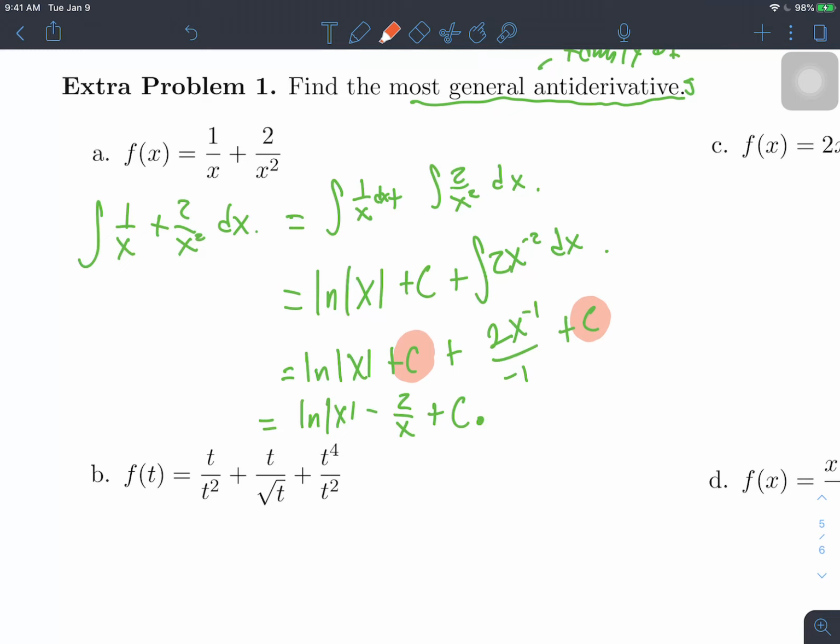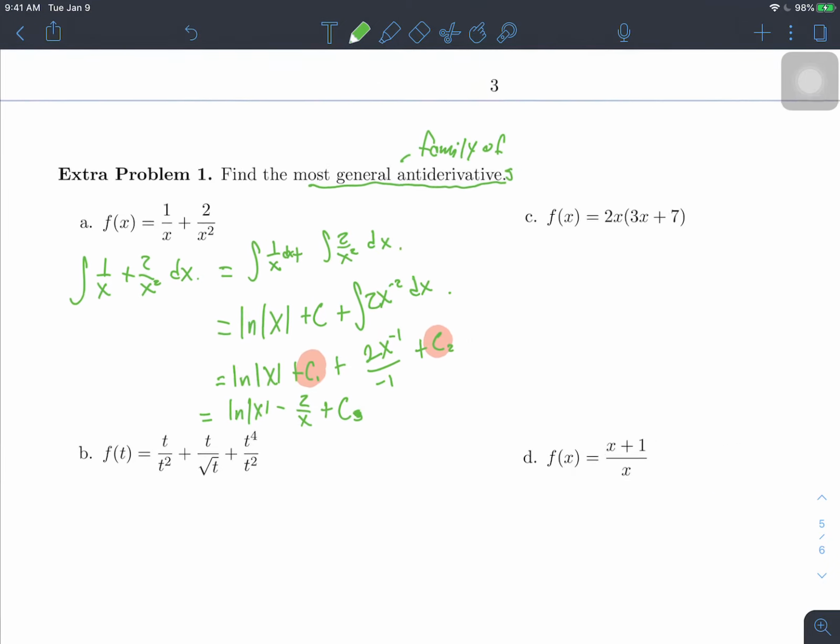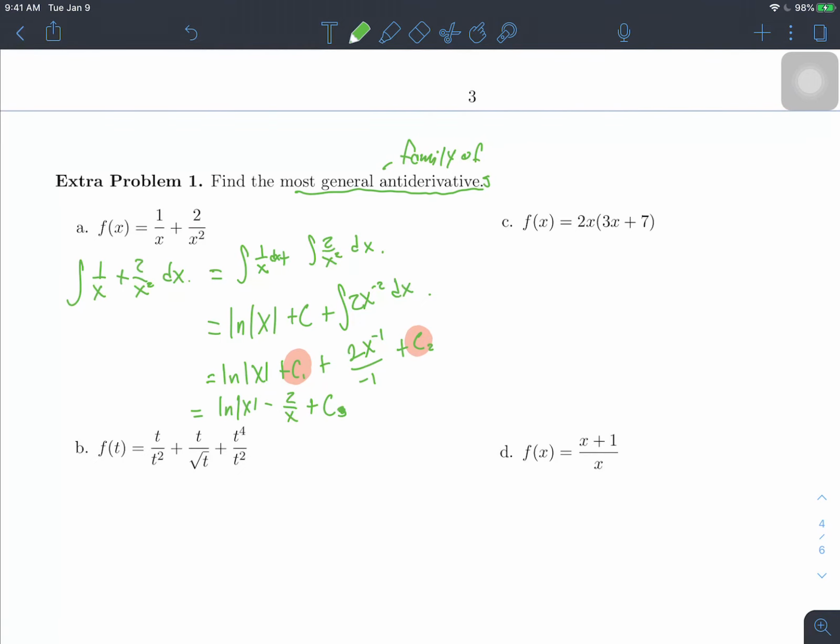So for example, you could call this C1 and this one C2 and then this one C3. Well, C3 is just going to be C1 plus C2, some other constant. So that's why I'm just writing one C here. I'm absorbing all of the constants into one term. Okay, so that's how we do that one.